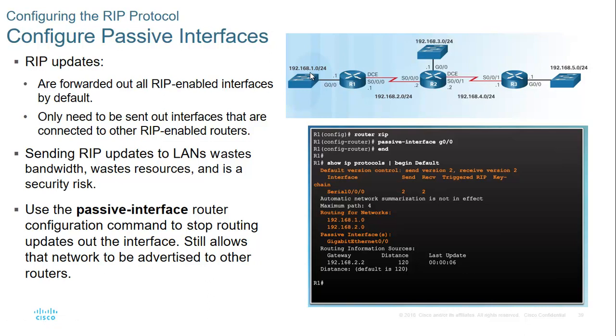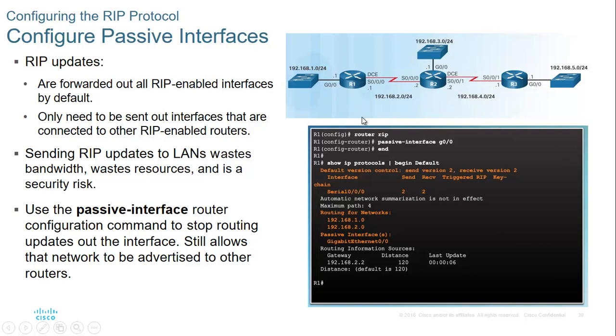That is a waste of bandwidth. So what we can do is make this particular interface a passive interface. That means when router 1 is sending advertisements, it only sends out this interface and not to this interface.